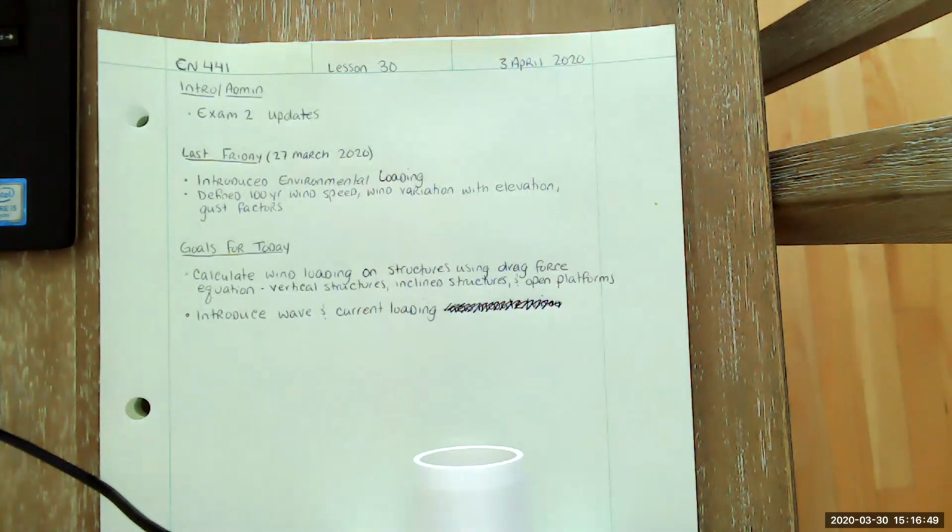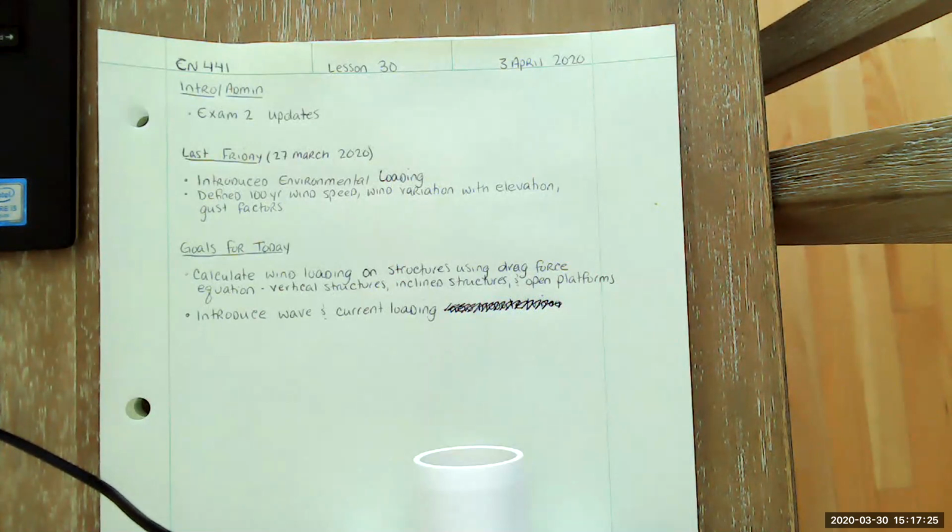In terms of today, continuing on from lesson 28, in which we talked about environmental loading last Friday, it was more of an introduction lesson. We had a PowerPoint, talked about the 100-year wind speed and wind variation with elevation, specifically mentioning that we were going to focus on wind, current, and wave loading. So the plan for today is to do some examples, talk about how we actually calculate the wind force on a structure and what guidance API, the American Petroleum Institute, provides for calculating wave forces on structures.